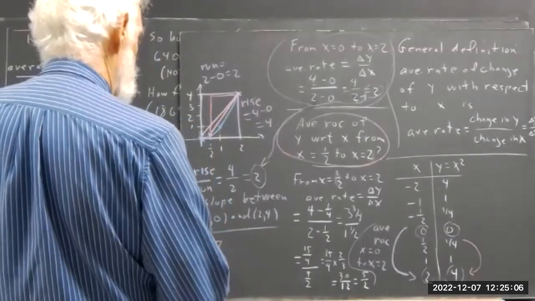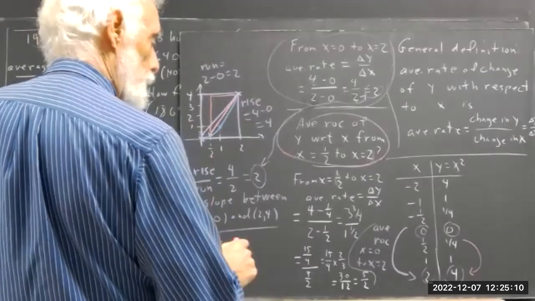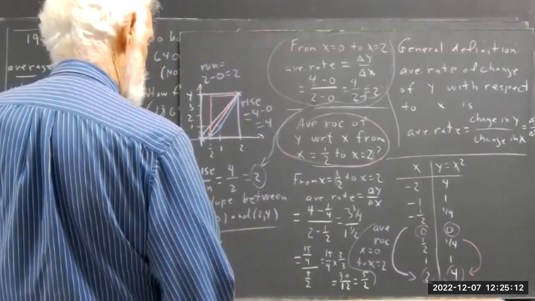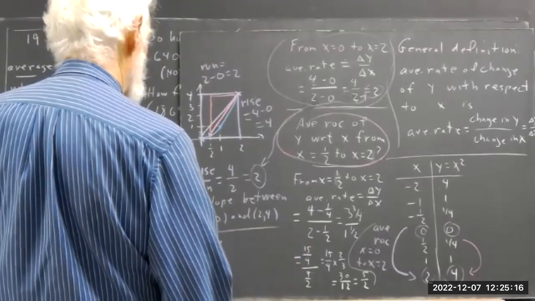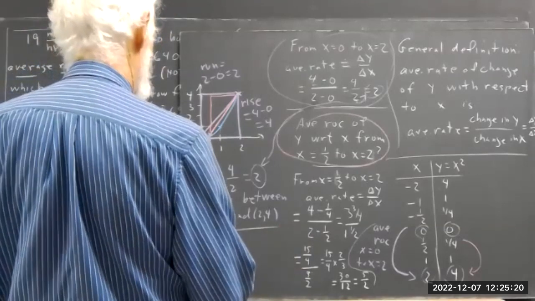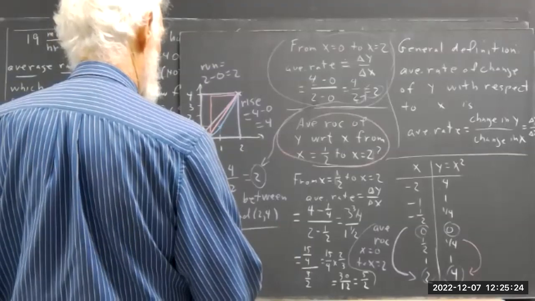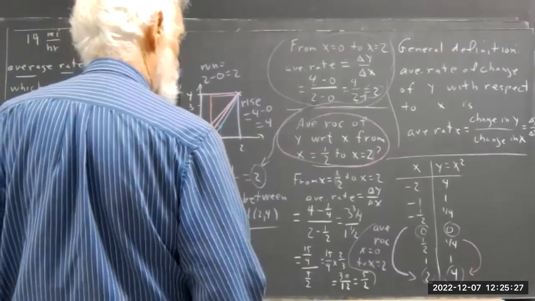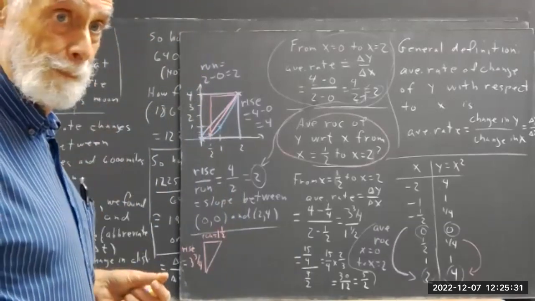Here, my rise, without writing all the words, is the fraction 3 3/4. The run is 1.5.